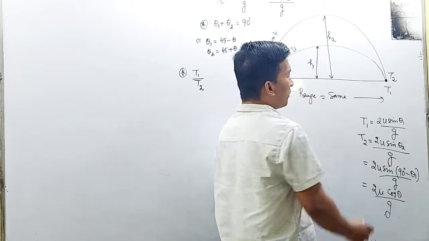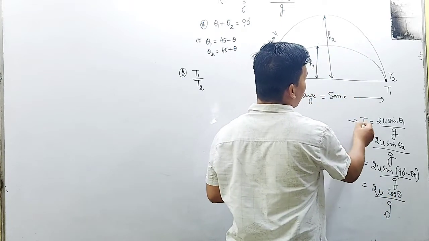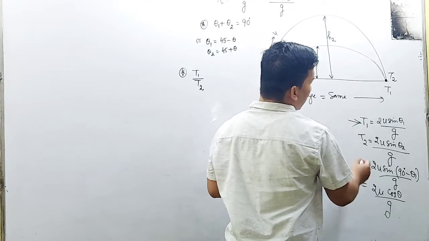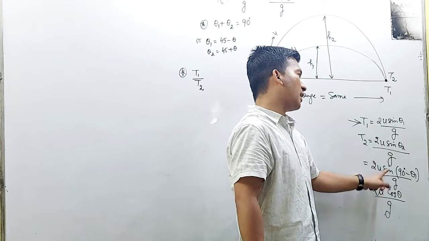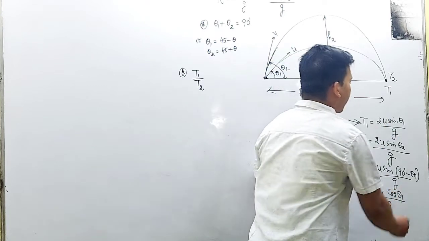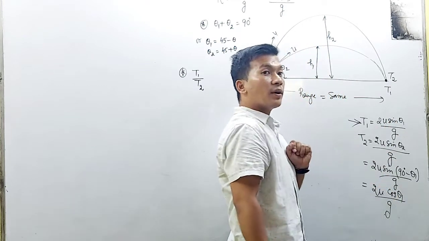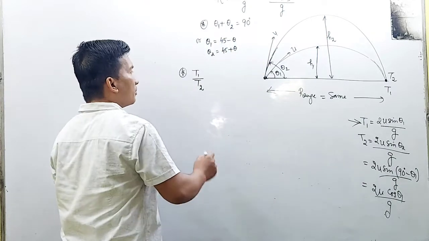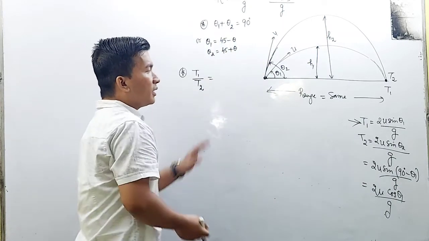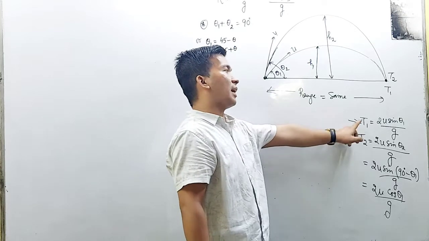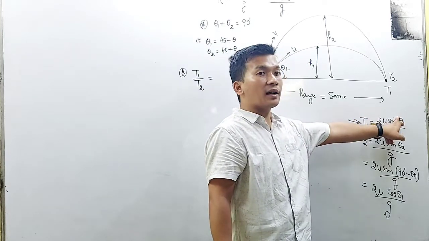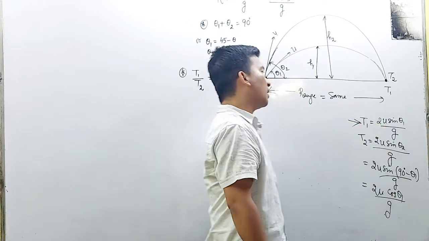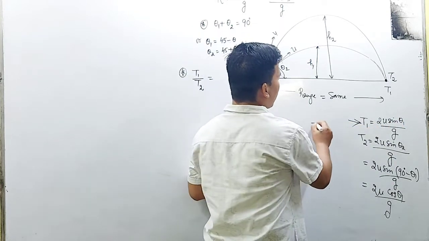Now if we divide T1 by T2, the 2u by g terms cancel out. We are left with sin of theta 1 by cos of theta 1. It is very simple, and you can forget everything else: time comes without a square. This is T1 divided by T2.